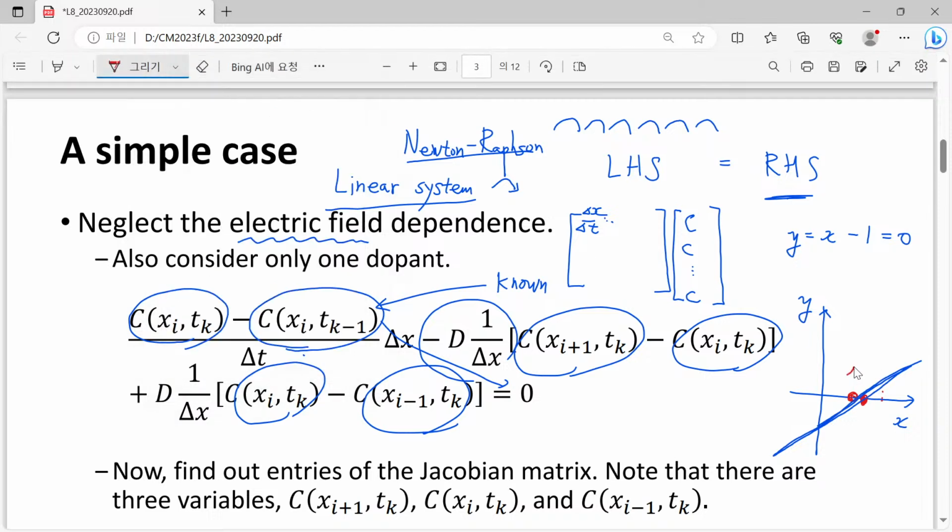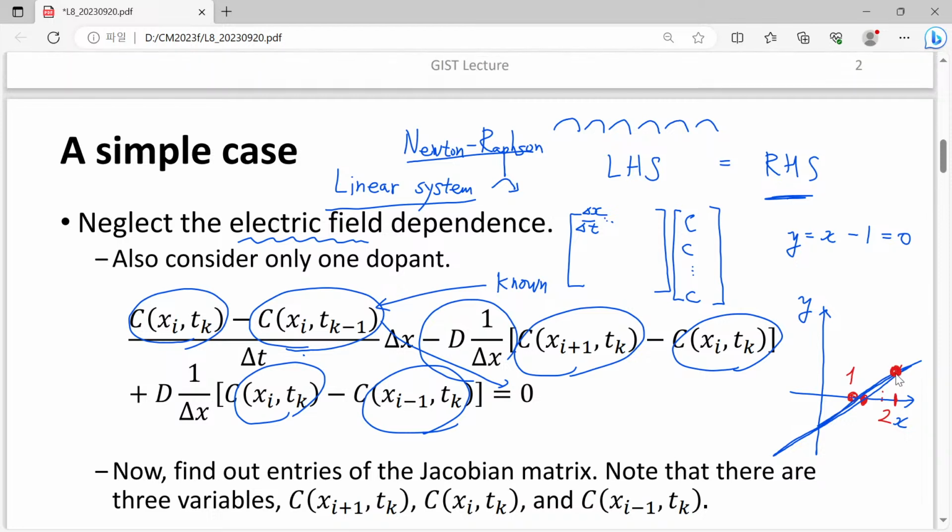Although the solution is 1, we are currently at 2. So this is our wrong or initial solution. What will happen? In the Newton method, we calculate the slope of this graph and approach the updated solution. By applying the Newton method, we immediately go to this point, the real solution.